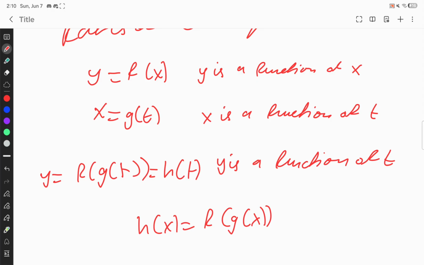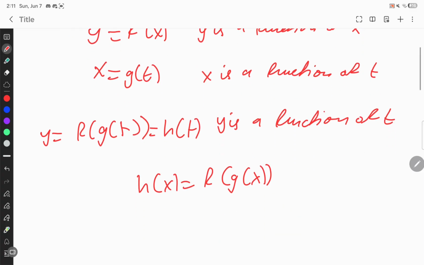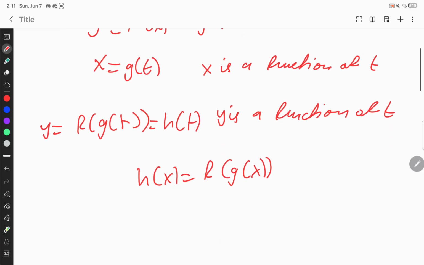Here h is the composite function of f and g. If you do not know what a composite function is, go back to the functions video.